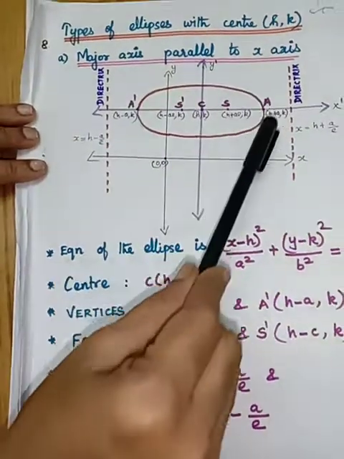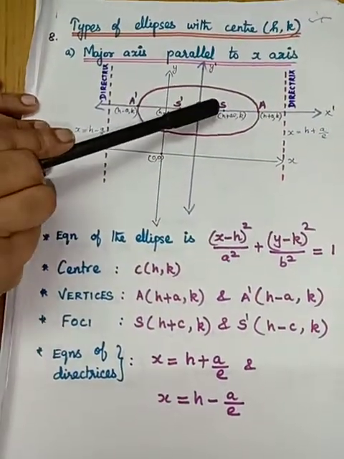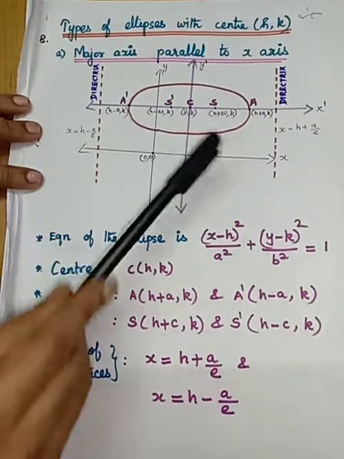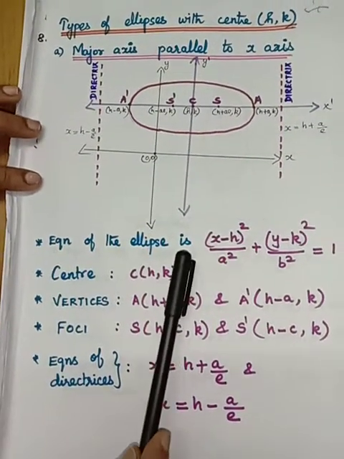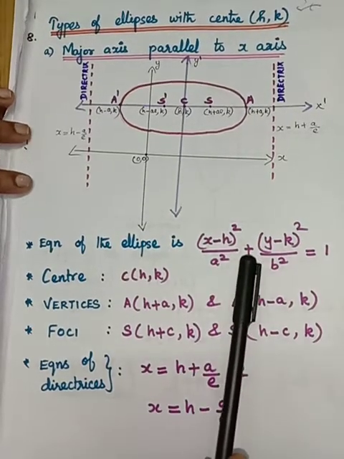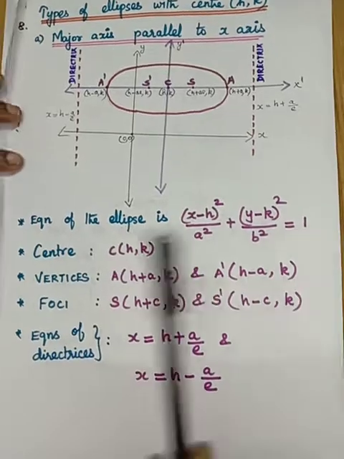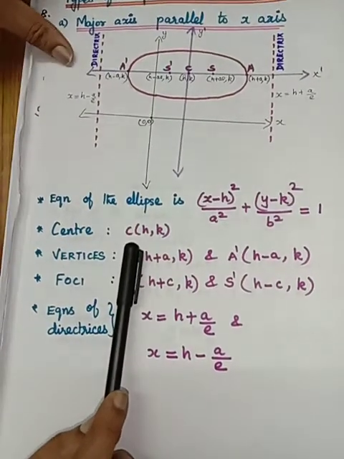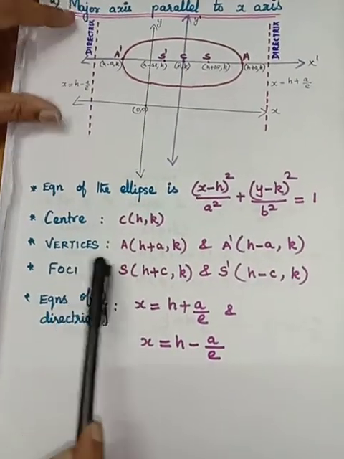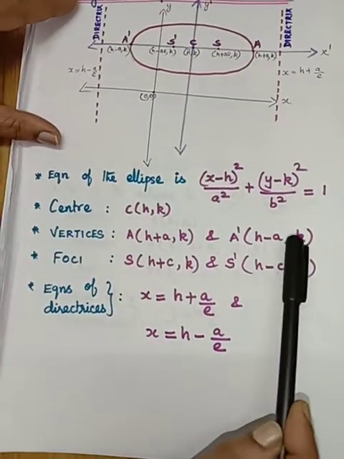Now, first, major axis is parallel to the x-axis. So the shape of the ellipse will be like this. Your major axis is A dash, which is parallel to the x-axis. Then the equation of the ellipse is (x minus h) the whole squared by a squared plus (y minus k) the whole squared by b squared is equal to 1. The center is h, k. The vertices are h plus a, k and h minus a, k.